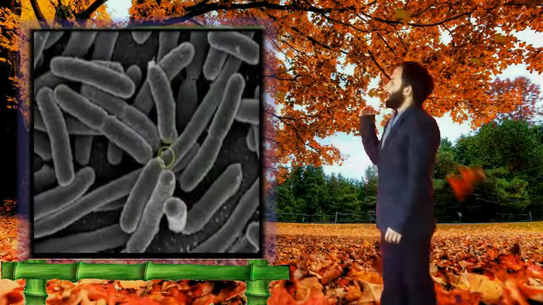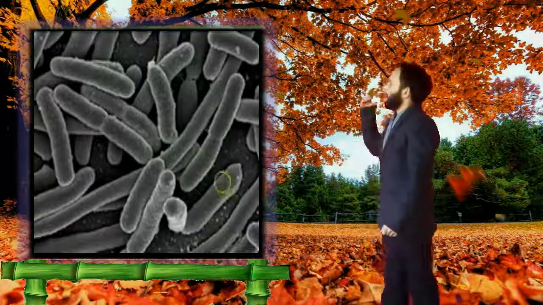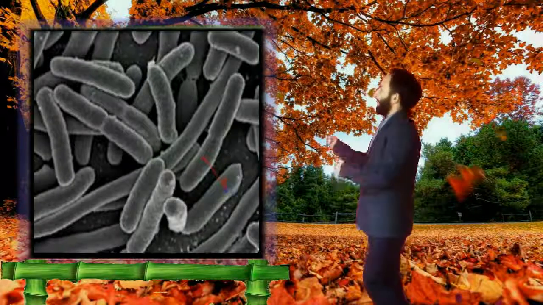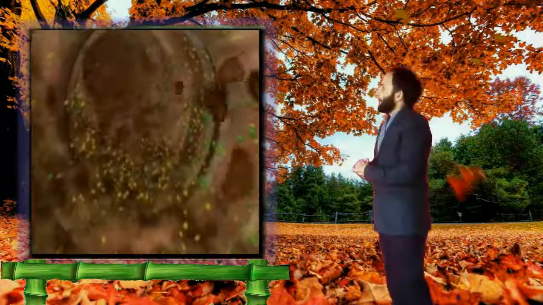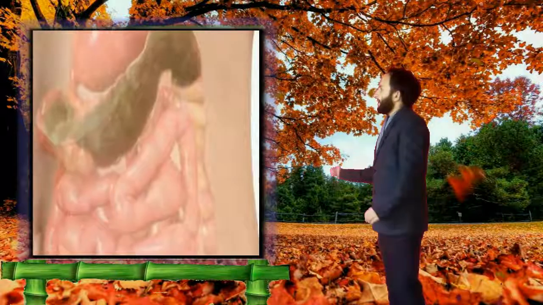Symbiotic bacteria like Escherichia coli and Streptococcus residing in the human colon feed on protein contents of the chyle, breaking them into amino acids, which are absorbed into the blood. Colon bacteria also synthesize vitamins like vitamin B and K. They convert bile pigments into brown pigments that give color to the feces.